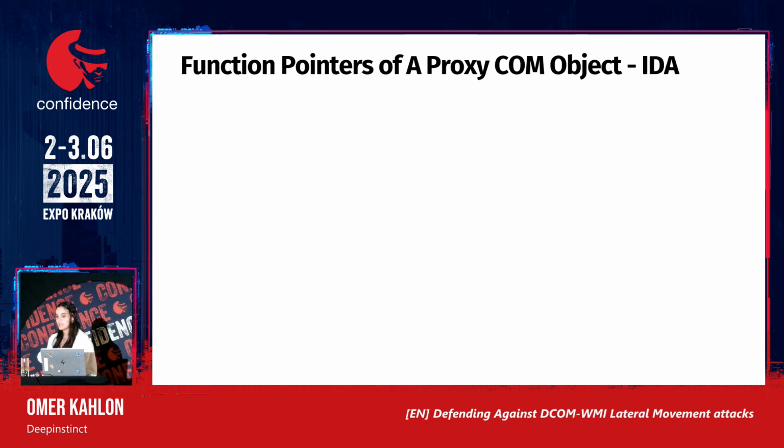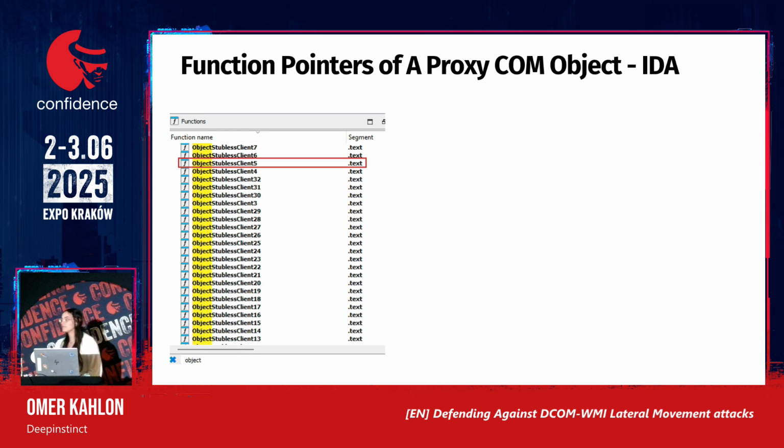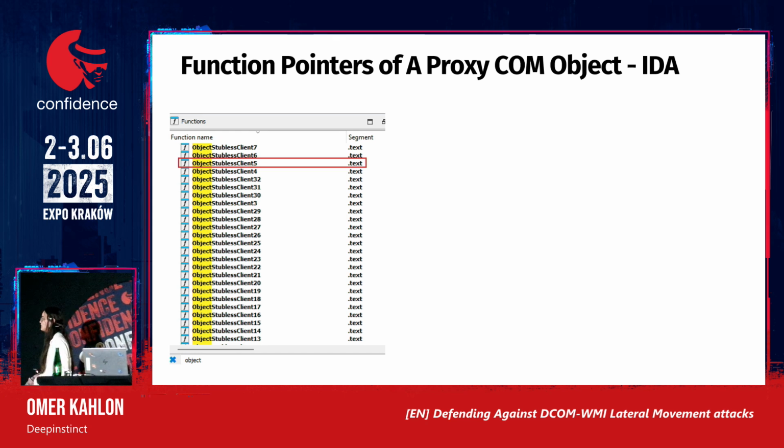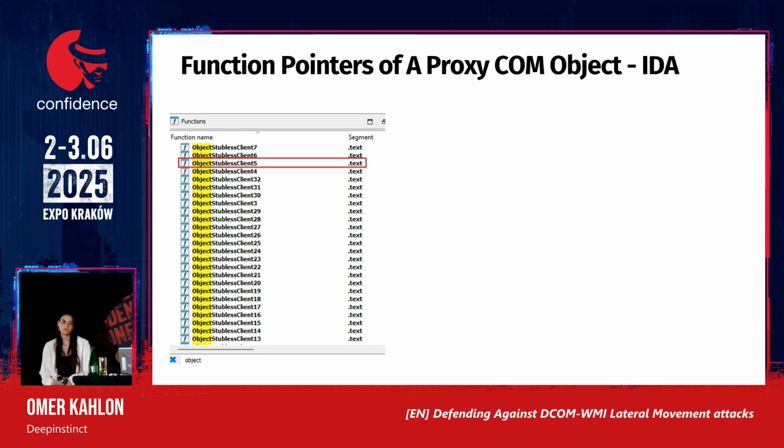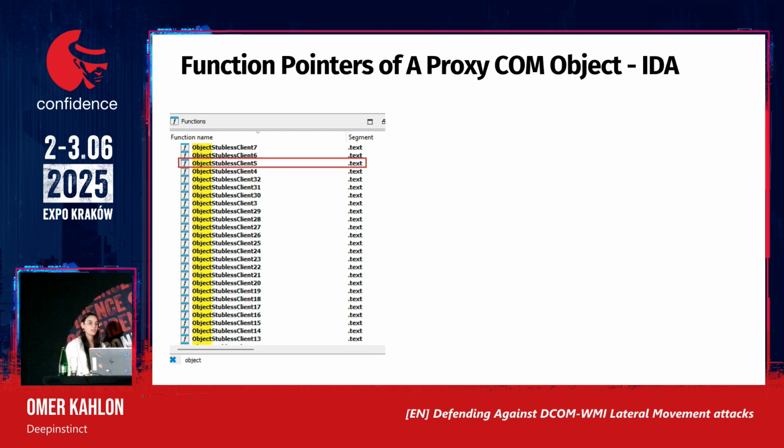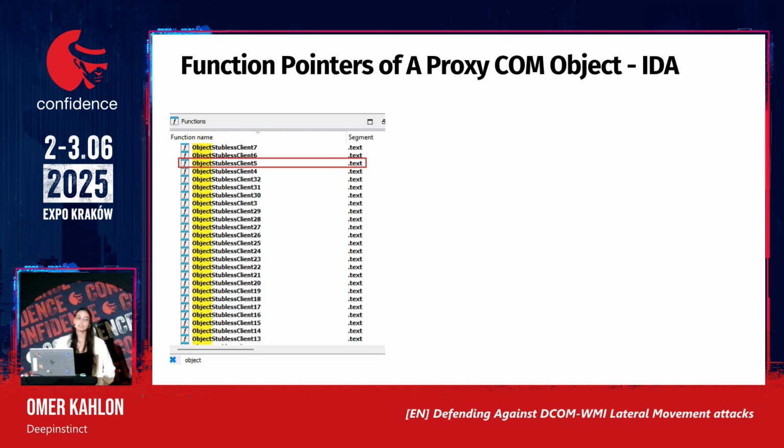So with that new information, we open the COM-based DLL and look at its symbols and exports. We can then see immediately that there are a lot of functions of the form ObjectStublessClient with a number between 3 and 2047.